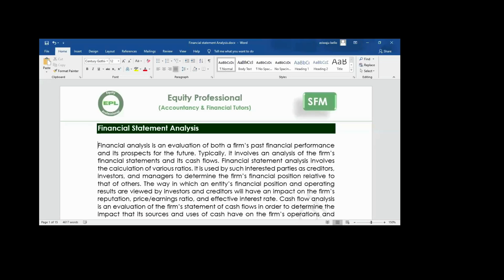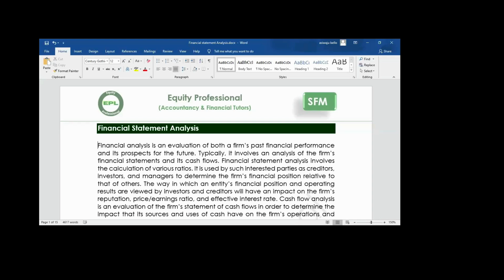What we are trying to say is that financial statement analysis is a skill that all accountants must have, regardless of the field you want to specialize in.